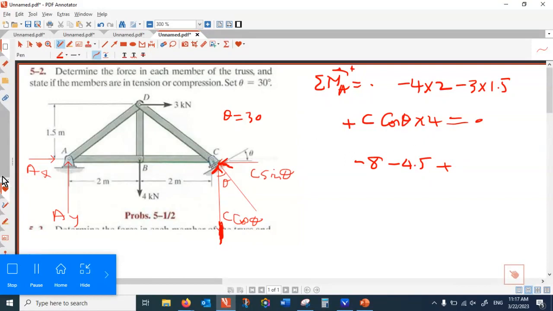Sine theta, if you draw the line of action, is passing through A. It won't make any rotation. Only this one makes a rotation. All right, so cos 30, that is root 3 over 2, right? That is 2 root 3 C equal to 0.